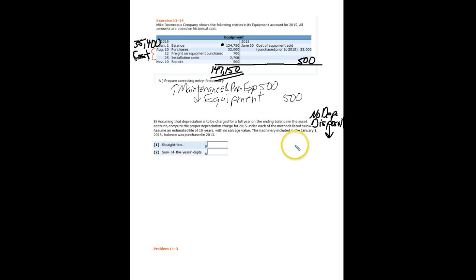So what do we mean by immaterial, or material versus immaterial? Well, if it's immaterial, that means that the dollar amount is so small that it just doesn't make a difference. It's so small, the difference of whether we record depreciation on the disposal or not, that amount is so small that it's just not going to make a difference to an investor and creditor making an investing or lending decision.